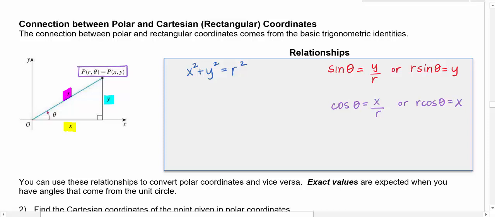And it's just solve for x and solve for y. So those might be helpful. And lastly, I can do the same thing for tangent. I'm not going to write out the other 3. They're just reciprocals of these 3. So if you were talking about secant, you would have r over x, for example. So tangent of theta is opposite, which is y, over adjacent, which is x. And I don't typically see the need to rewrite that one.